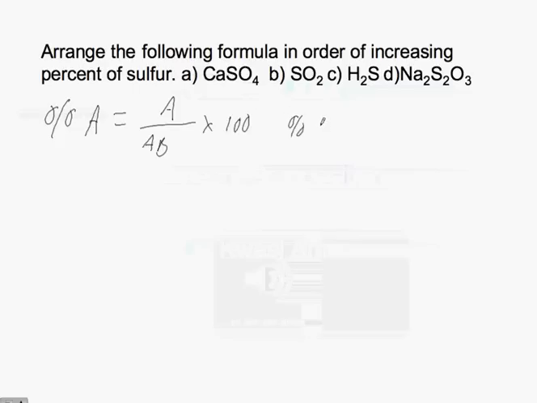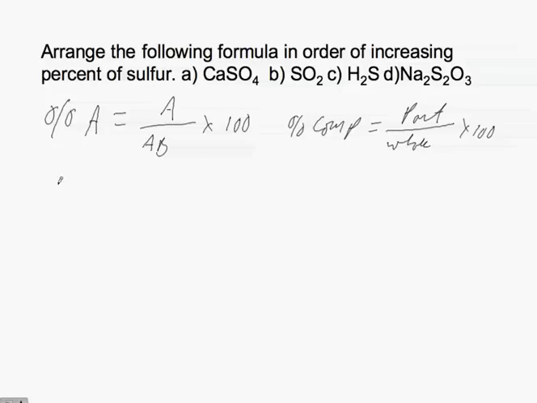So percent composition is equal to part over whole times 100. So in this particular problem, we want to arrange these compounds in order of increasing sulfur. So let's find out how much sulfur we have in each compound.